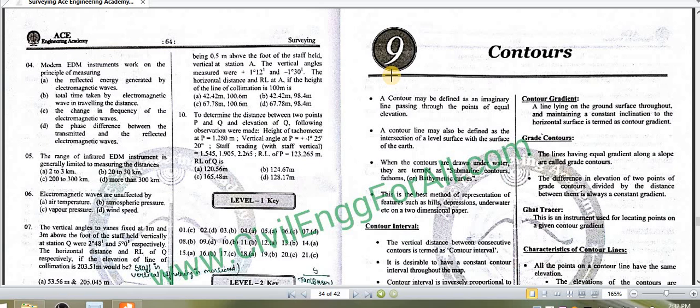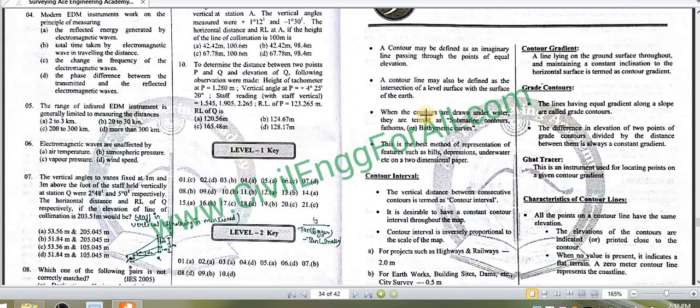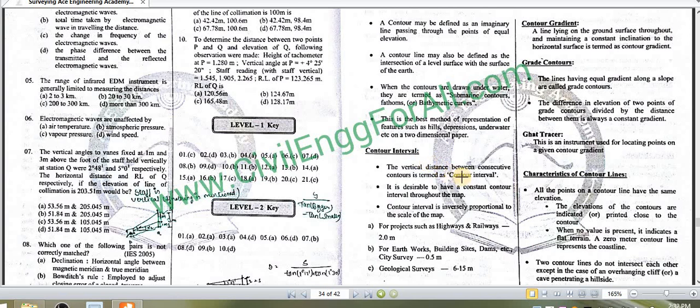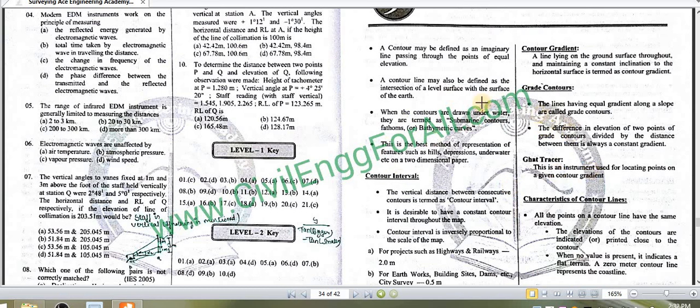After that, contour interval. This is also important. The vertical distance between two consecutive contours is termed the contour interval. As you must have seen, contours are circular, irregular lines.